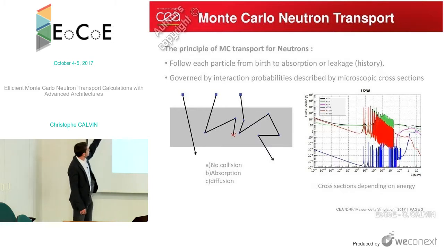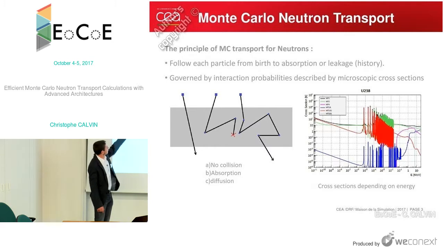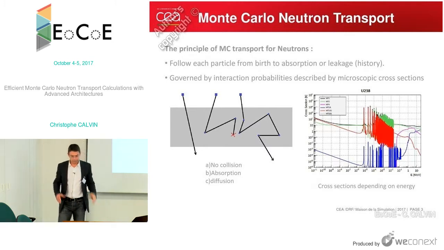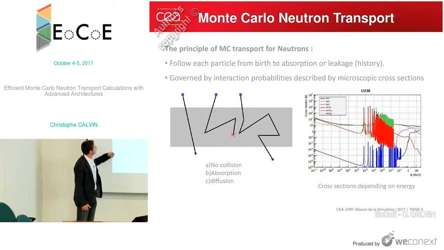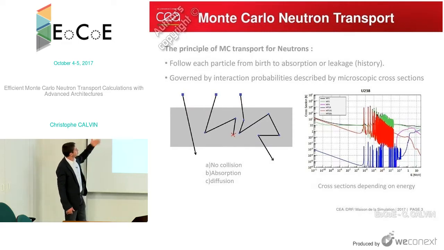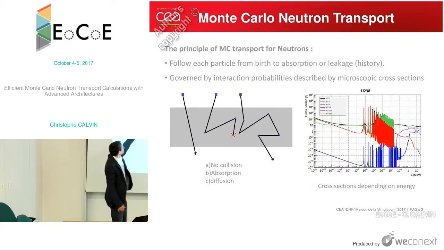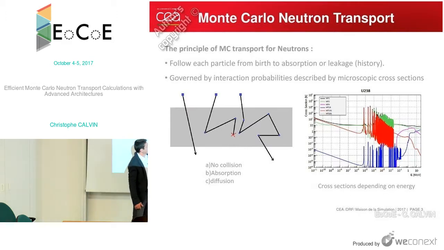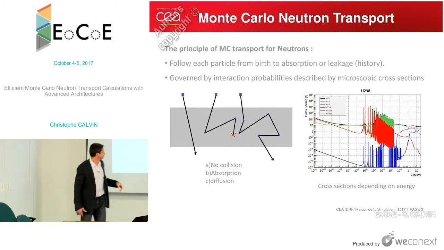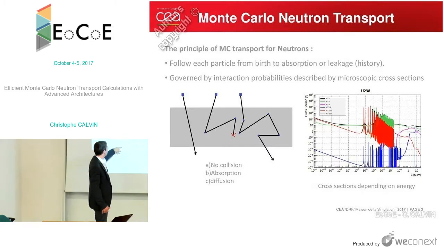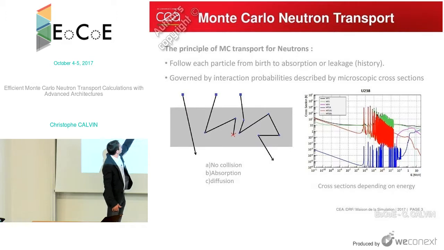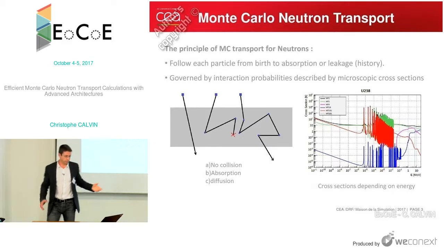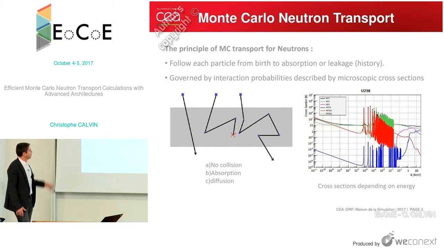a particle which has no collision. In this case, it crosses a material and has no interaction with any other particles. You can have some interaction and an absorption of the particle, it disappears, and another one can have different interactions with other particles and have strange trajectories, what we call diffusion.